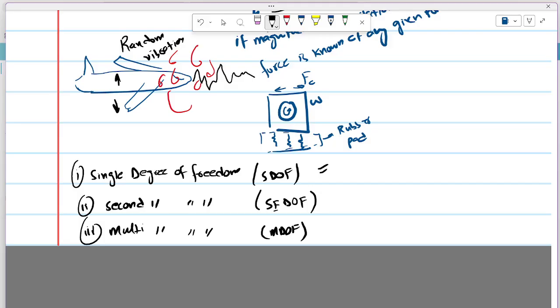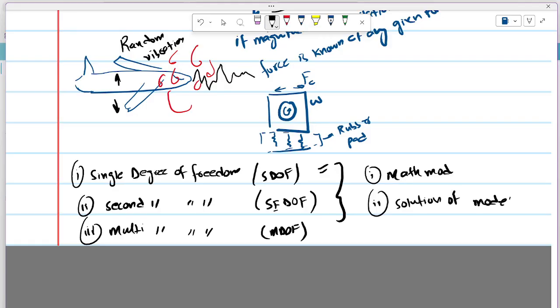In terms of how to approach the vibration analysis of the vibrating system, it has the same approach. The first one will be understanding the system. The second one would be mathematical modeling. The third one will be derivation of the governing equation and solution of the system, and then the simulation.